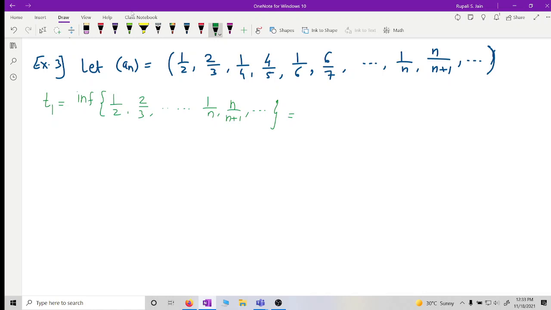It is 1 by 2, 1 by 4, 1 by n. So what is the infimum? 0, right? What is T2? Infimum of 2 by 3, 1 by 4, 4 by 5, and so on, 1 by n, n upon n plus 1.